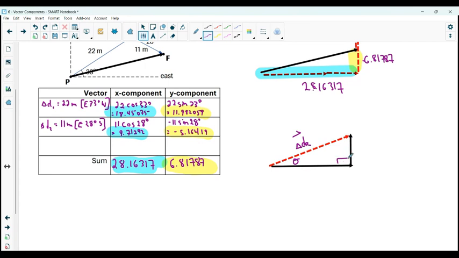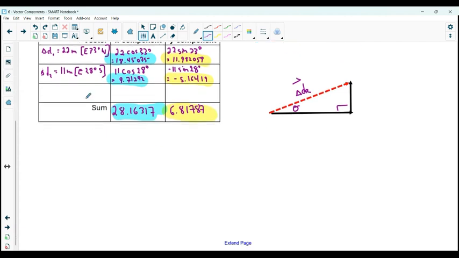And this is a right angle triangle. That's why we did it. It gives us a nice right angle triangle, easy to work with. Okay, let's do a little math on that. If I want to figure out my displacement vector, I have to use the Pythagorean theorem, so we take the square root of 28.16317 squared plus 6.81787 squared.